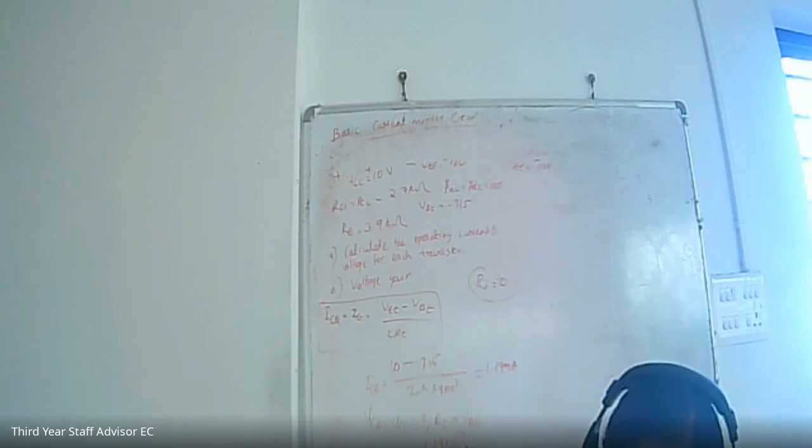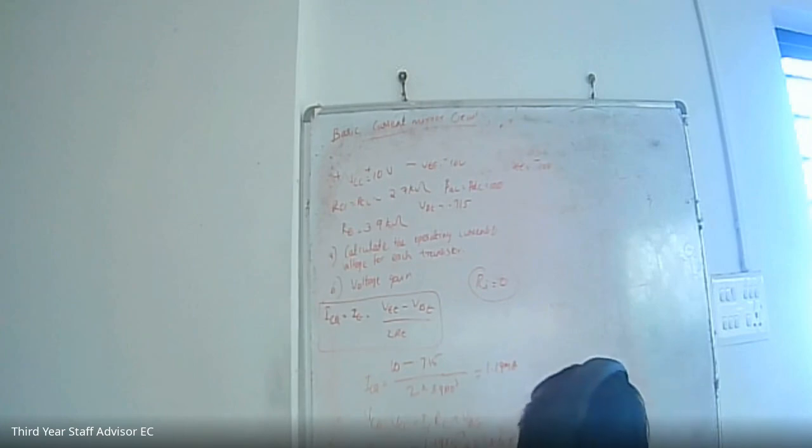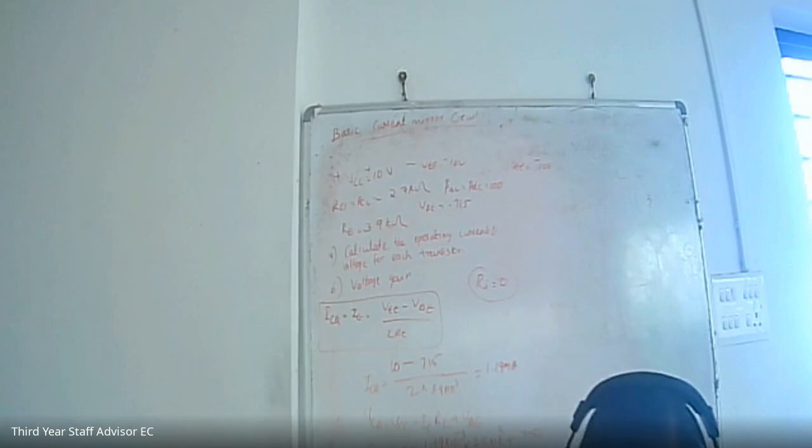What is the value of RC? RC equal to 2.7 kilo ohm, so 2.7 into 10 raised to 3, plus VBE, which is 0.715. So this is VCE. You can calculate this value. What is the value of VCE after substituting all these?